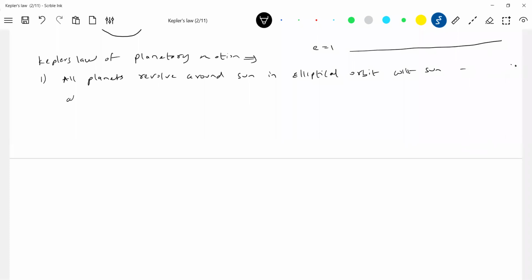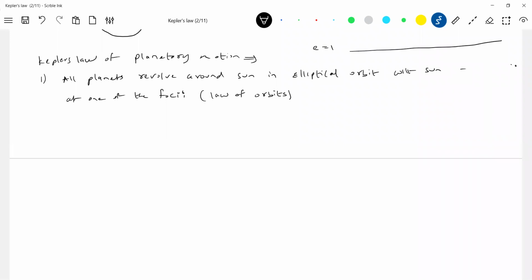Now, there's a law he has proposed. This is nothing but called the law of orbits here.